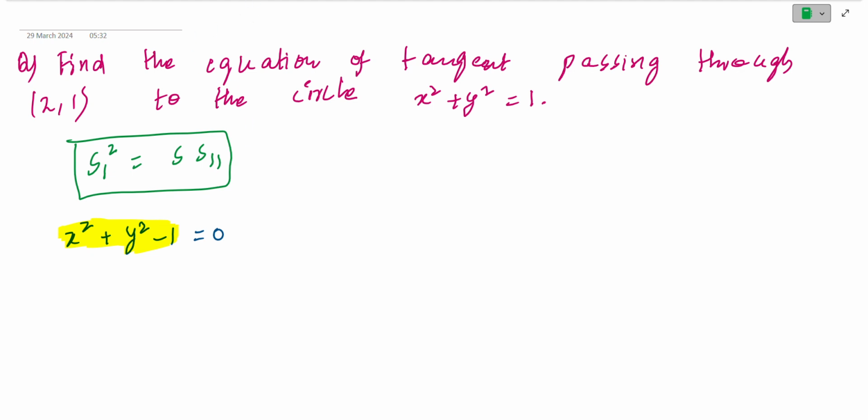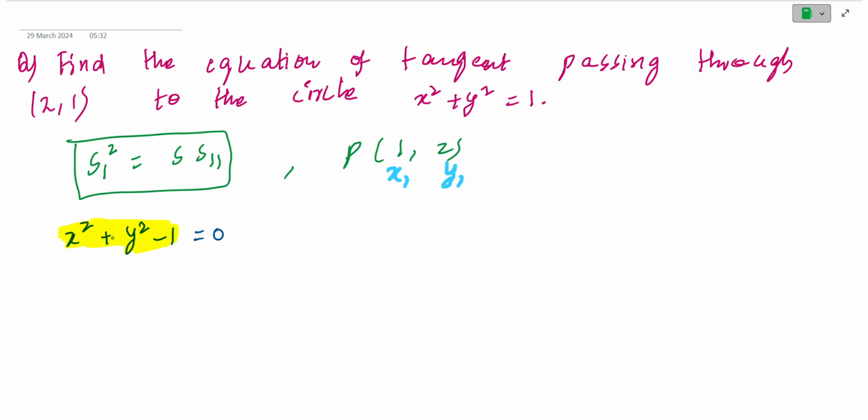And one more thing, the given information. The point is given as 1 comma 2, so here the 1 is x1 and the 2 is y1. Those are the given values. So now if you observe, I'm writing S1 square is equal to S into S11.